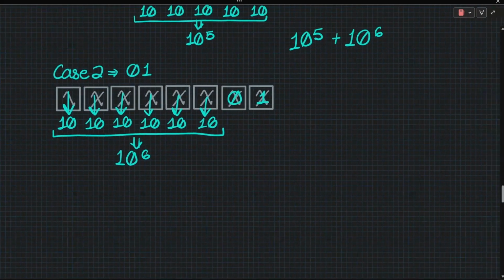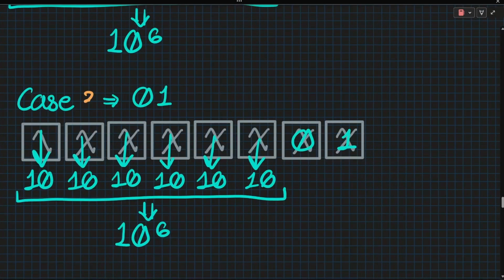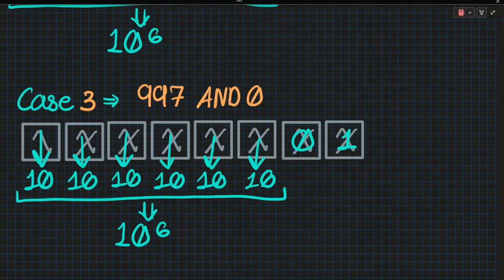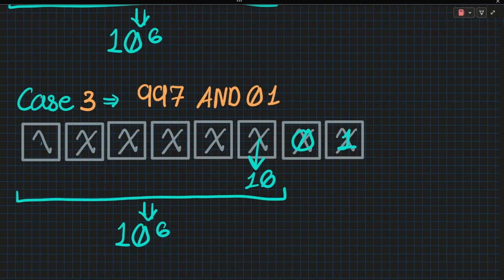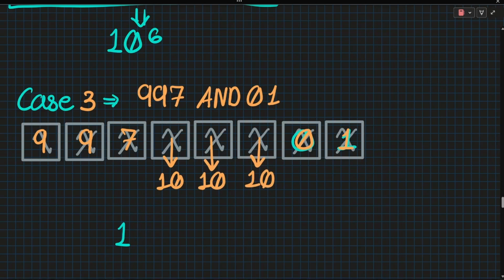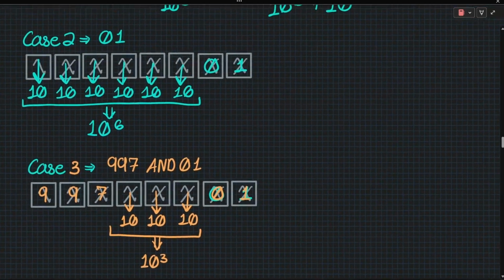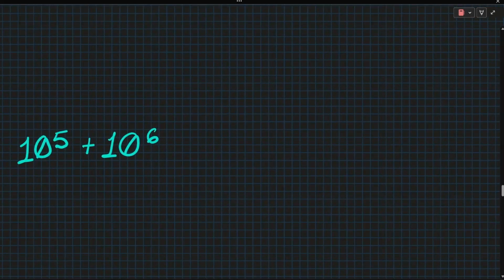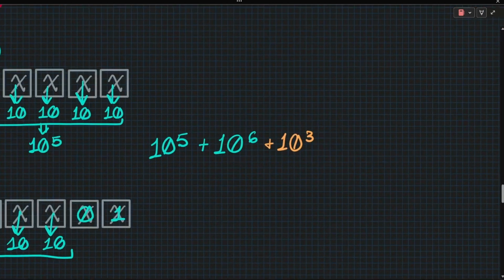So there's a special third case, case 3, where it starts with 997 and ends with 01, and we have 3 slots left that can each be one of 10 digits. If you had not accounted for this third case, we'd be missing 10 to the 3 possible password configurations.